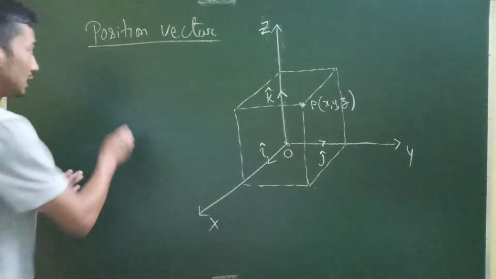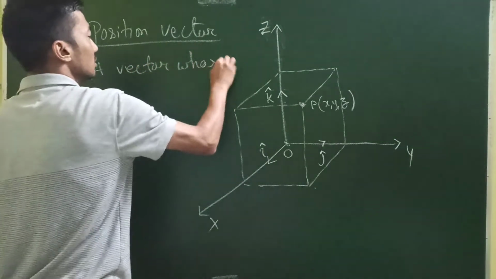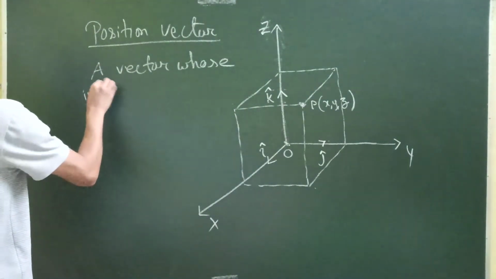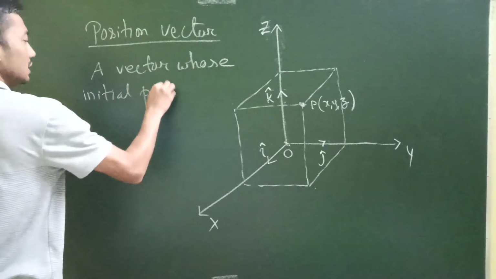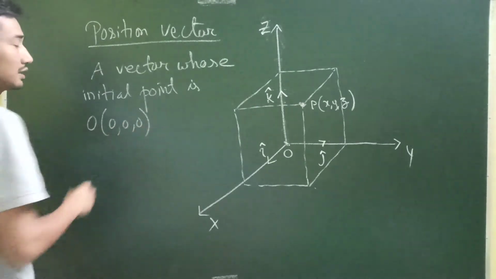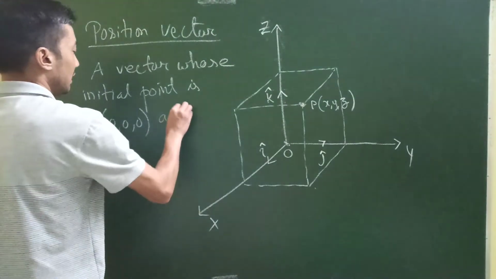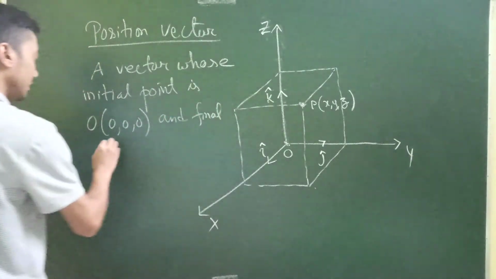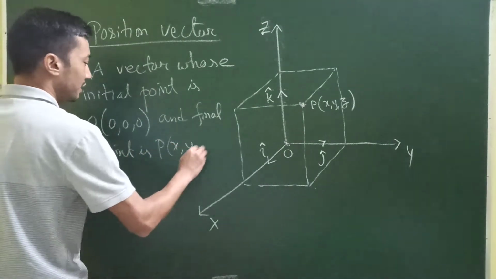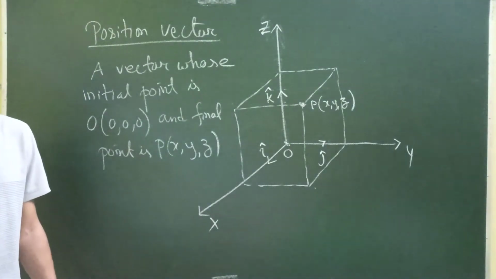It is a vector whose initial point is the origin and whose final point is your given point, in general P(x, y, z).